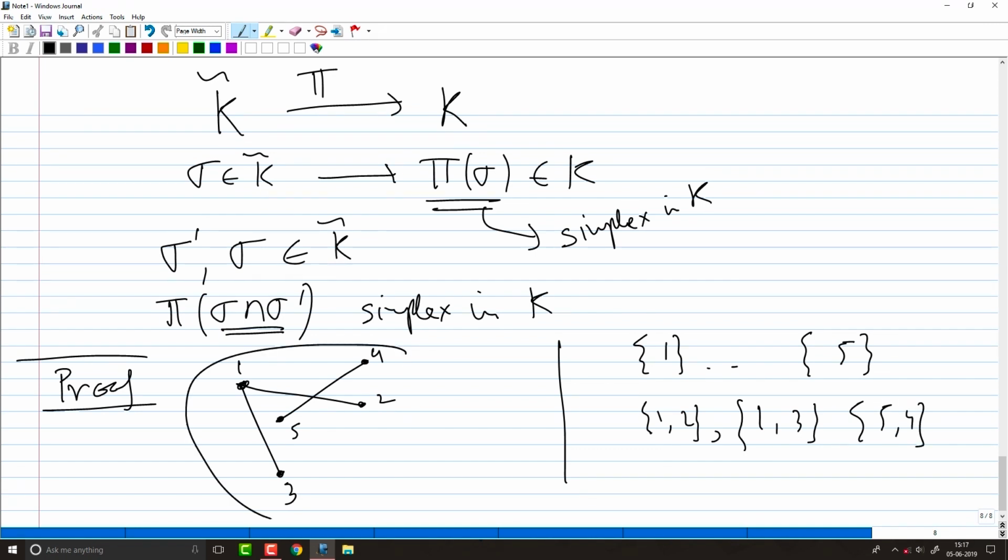Is this a geometric representation of this abstract simplicial complex? Firstly, this itself is not a simplicial complex. This is intersecting, so it won't be. This could have been a proper representation if 5 was here. So let us see a proof of this.